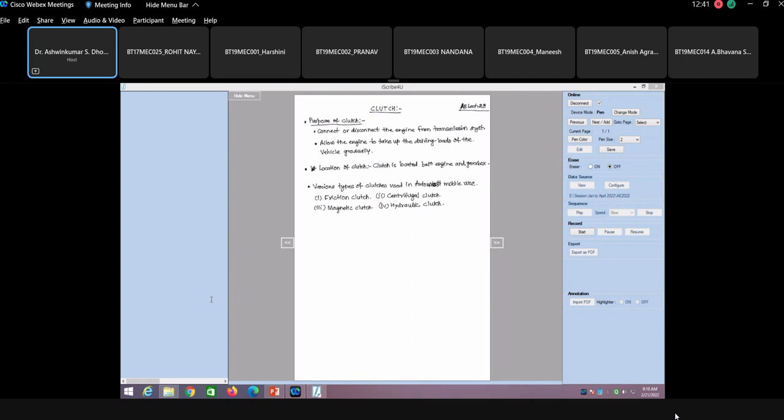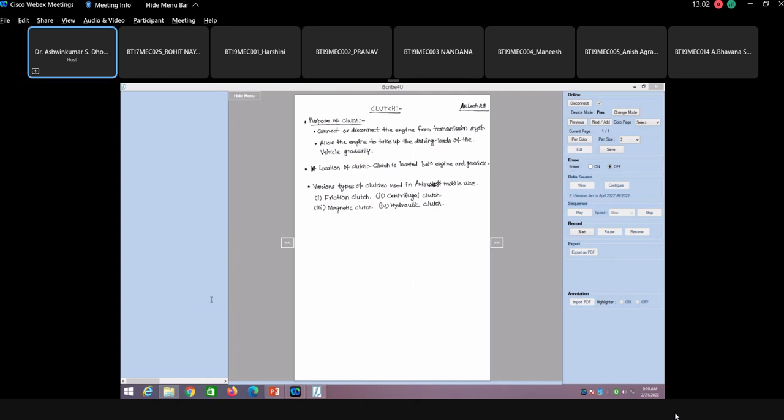Apart from that, can you name any application where you use the clutch? Sir, where is the clutch used? Apart from automobile, have you seen any application where clutch is used?